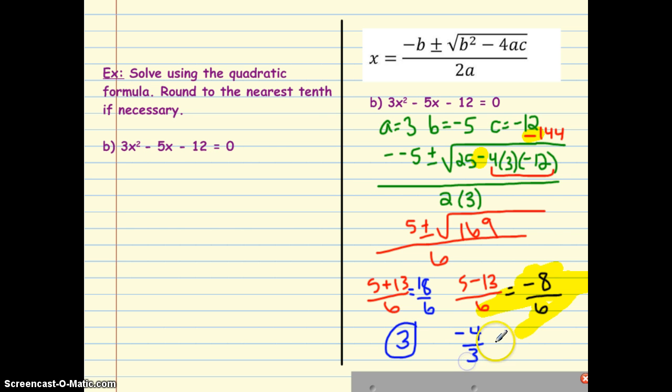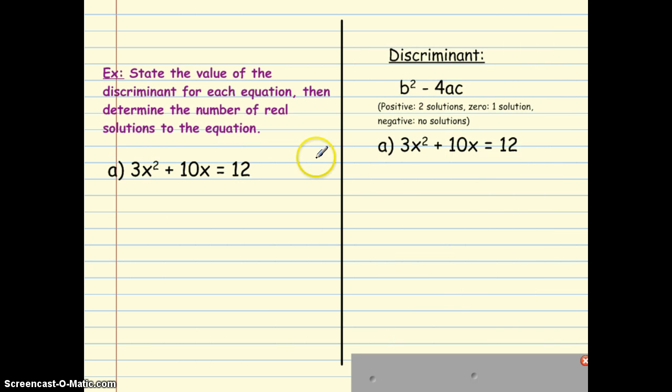And thank you. If you want to do this to a decimal as the nearest tenth, it would be negative 1.3 repeating, which is negative 1.3 when we round. So either one of these would work. So we're going to move on.